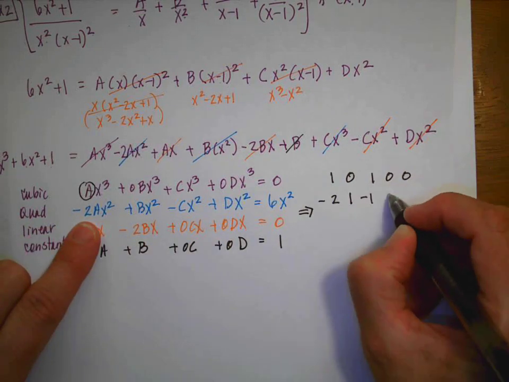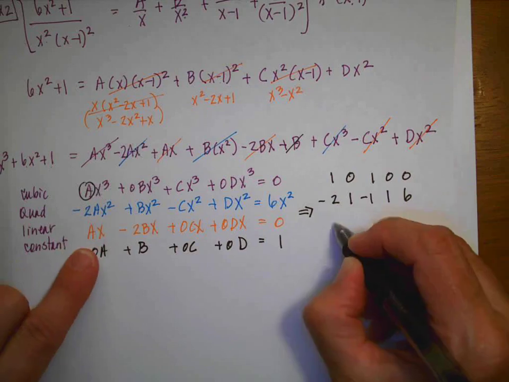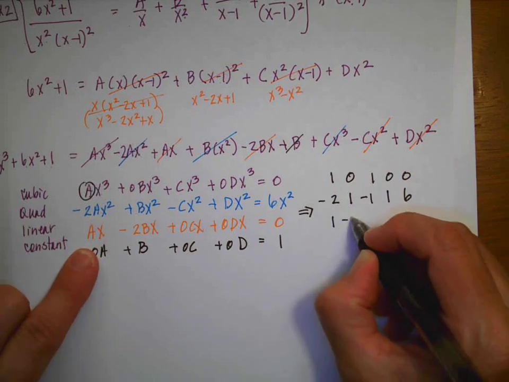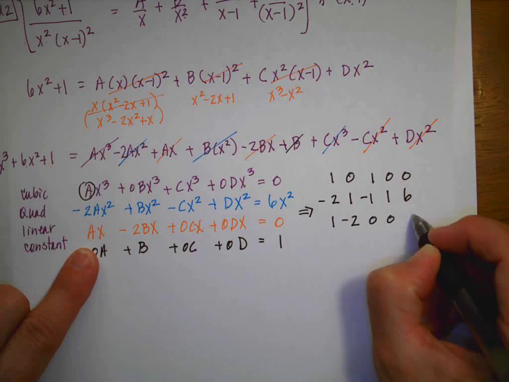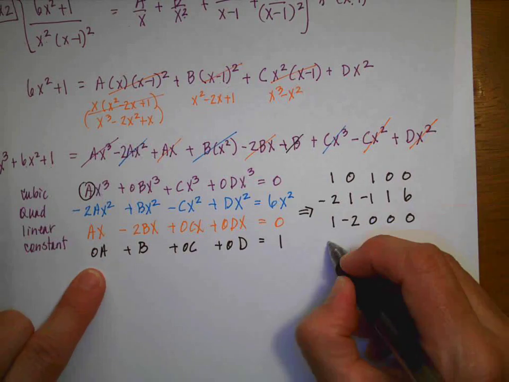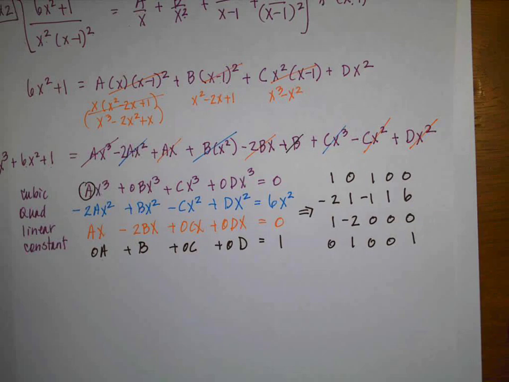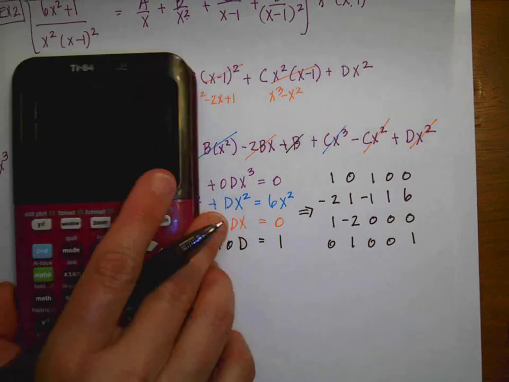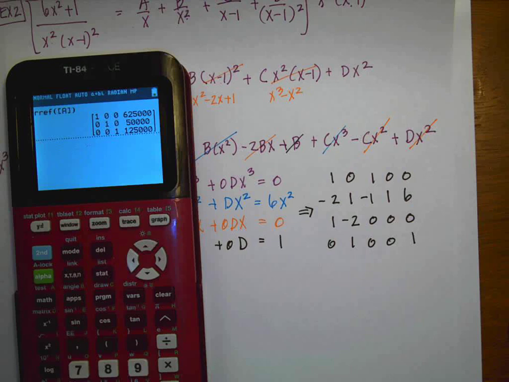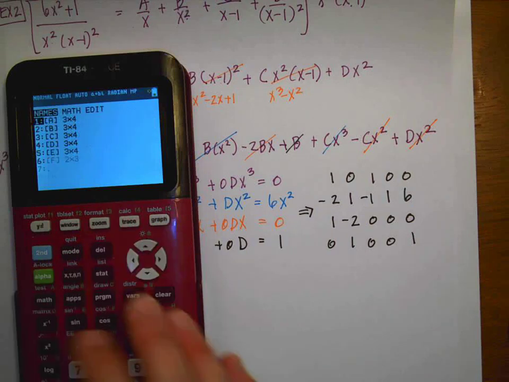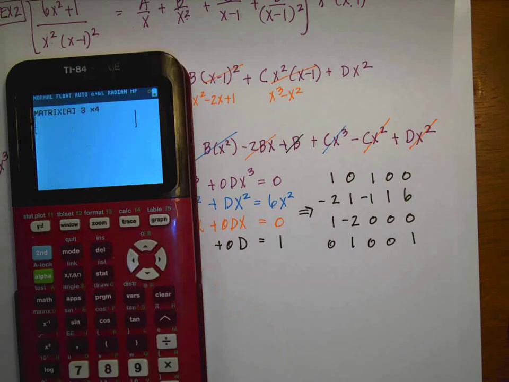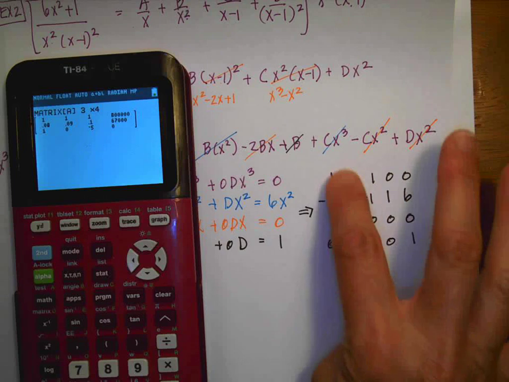In this one, I get a negative 2, 1, negative 1, 1, 6. And then I have a 1, negative 2, 0, 0, 0. And this one, 0, 1, 0, 0, 1. All right. So now what I'm going to do, use my handy dandy grapher, because thankfully I have a handy dandy grapher.